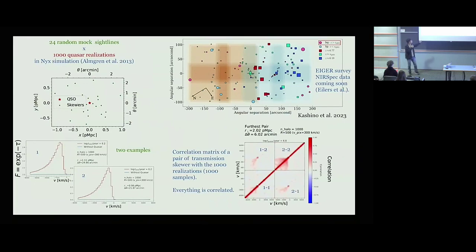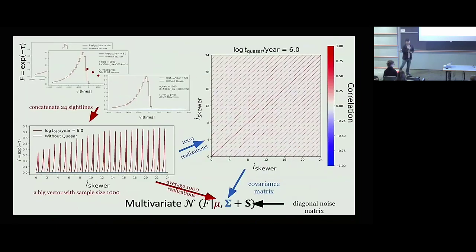And here are 2 examples of our sight lines. On the right is the correlation matrix, and we found that every sight line is correlated. So based on this, we built a multivariate Gaussian model. That is, we concatenate all the 24 skewers to form a big vector.